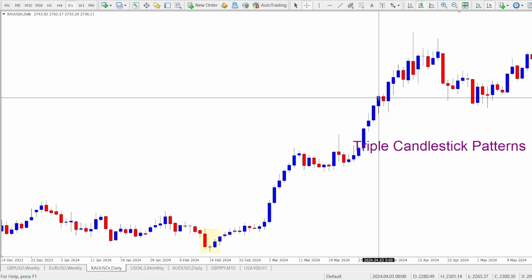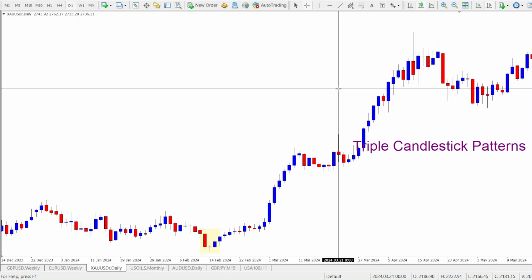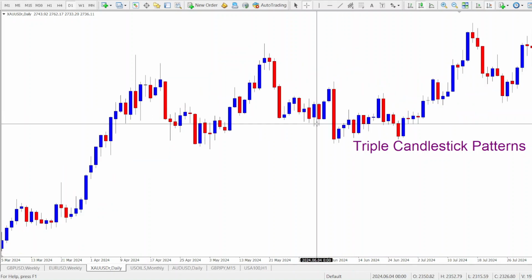So when you spot this on your chart, it might be an indication that the market is shifting from a downtrend to an uptrend, or that a bullish continuation is about to happen, perhaps after a consolidation. Then on the flip side, we have the evening star pattern, which signals a potential reversal at the top of an uptrend.